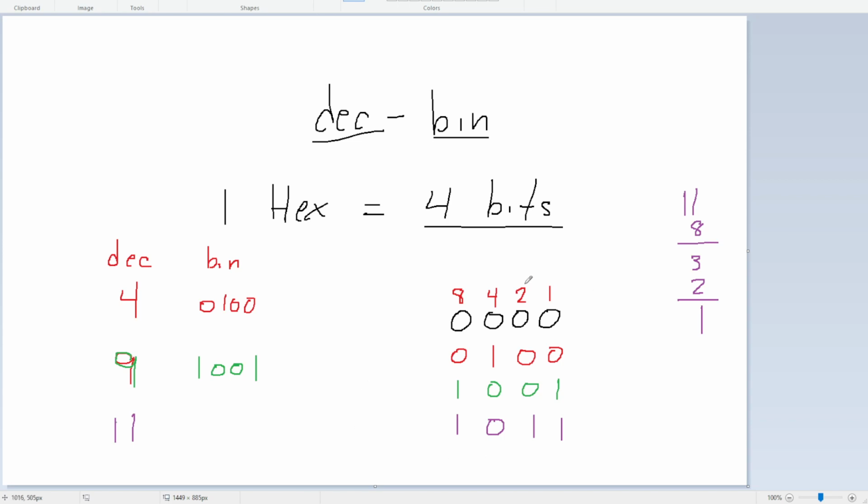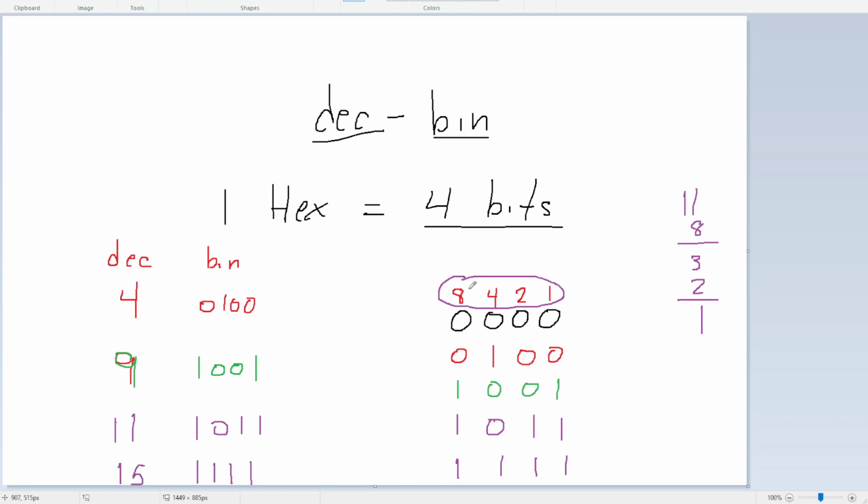Believe it or not, every combination here can make every decimal number up to the number 15. So 1, 0, 1, 1 was our answer. Now, when I said the number 15, what did I mean by that? If you add up the numbers, 8 plus 4 is 12, plus 2 is 14, plus 1 is 15. So if you turn on all the bits, that equals 15.